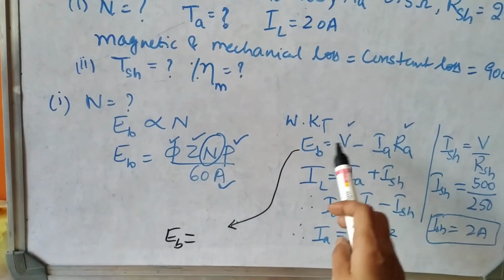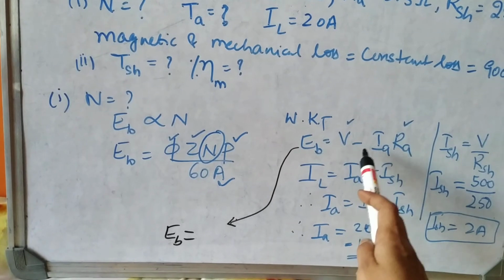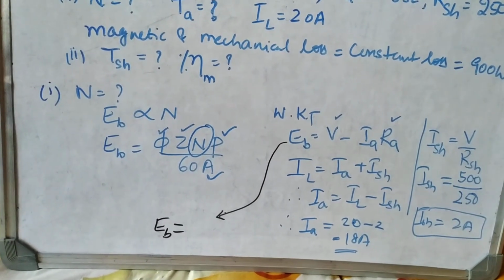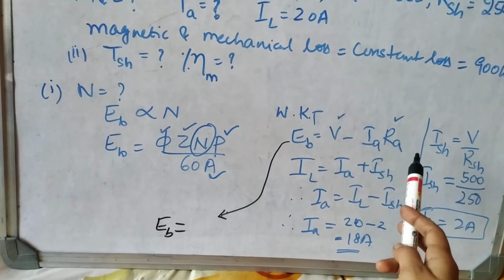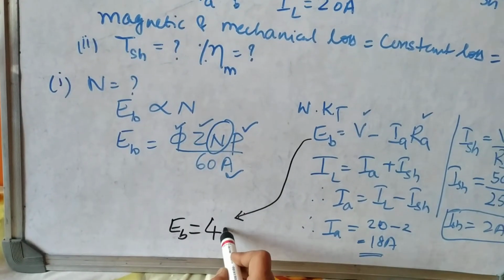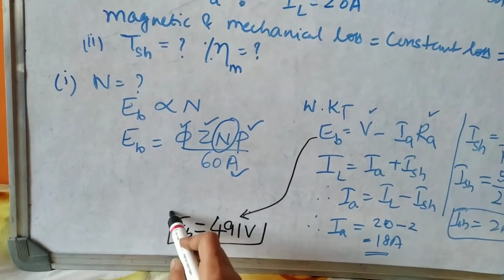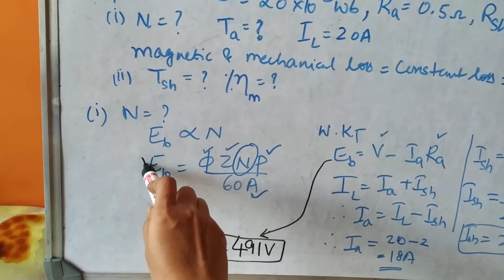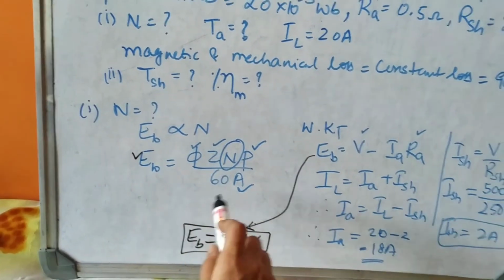EB is equal to 500 minus 18 into RA, so the EB value becomes 491 volts. Substituting this value, you can find the speed.